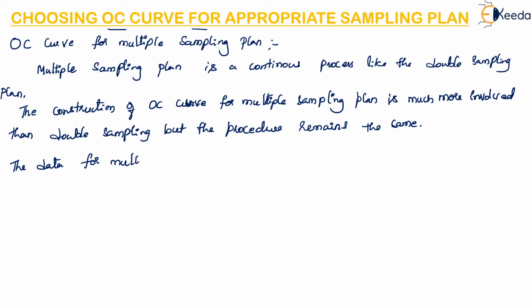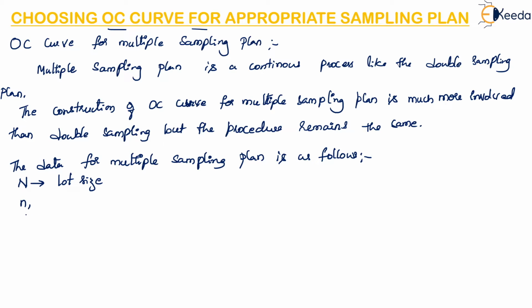The data we will need for the multiple sampling plan is as follows: capital N, the lot size, N1, C1, N2, C2, N3, C3.